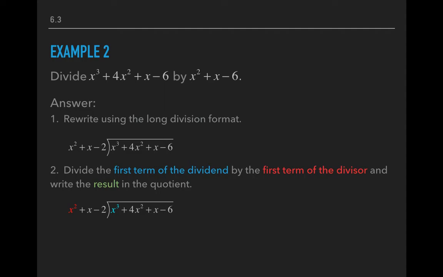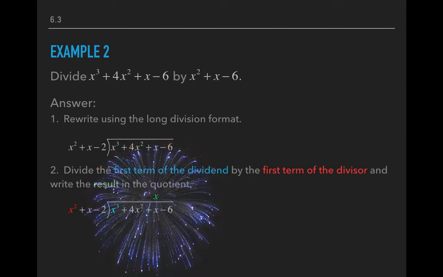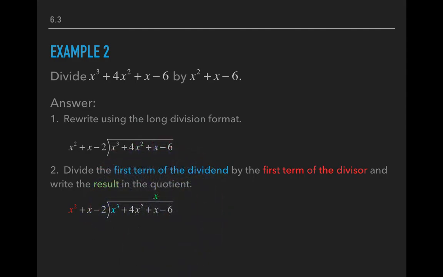So x cubed divided by x squared, what is that? What would you have to multiply x squared by to get x cubed? It would just be x, and line that up above the linear term in your quotient. That is the result of dividing x cubed by x squared.